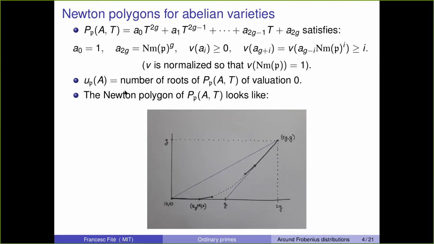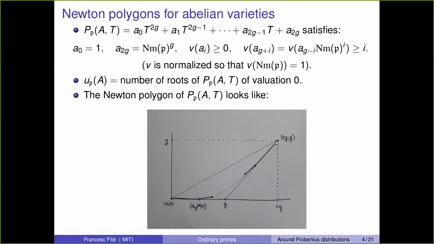Moreover, Weil's theorem tells us that the constant term of this polynomial is the norm of P raised to the dimension, and therefore, as long as we normalize the valuation so that the valuation of the norm is 1, this tells us that the Newton polygon will end at the point 2g, g.